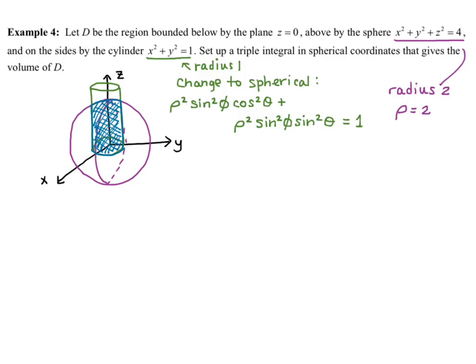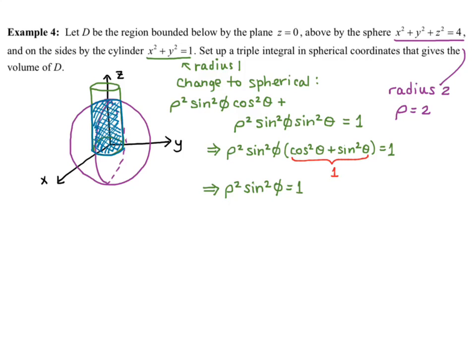And now I'm going to factor out the rho squared sine squared phi, since that's in both of them. So I have rho squared sine squared phi, and then what's left is cosine squared theta plus sine squared theta, which I know equals 1. So my final result is rho squared sine squared phi equals 1. That's my equation of the cylinder in spherical coordinates.